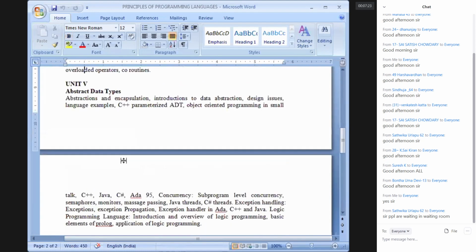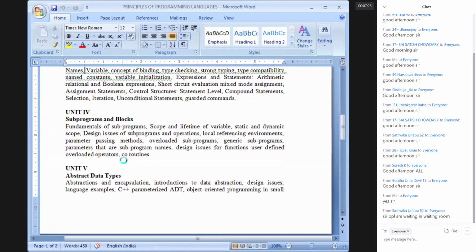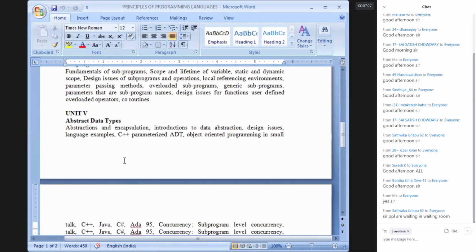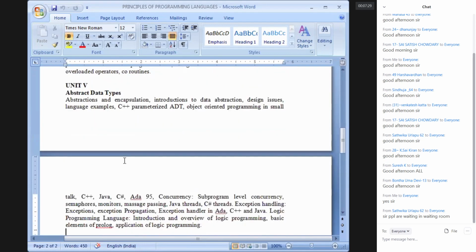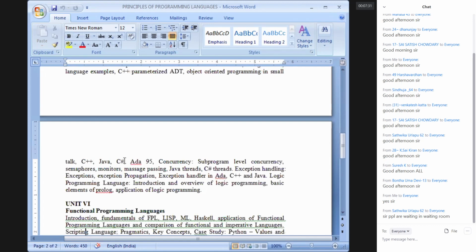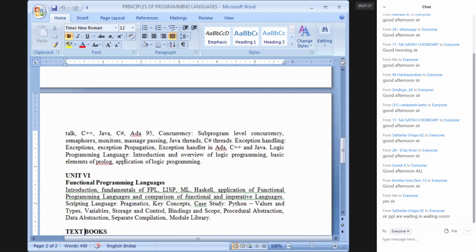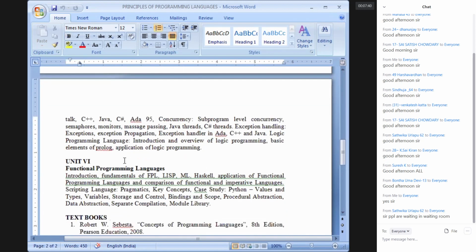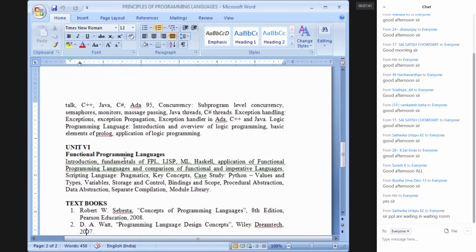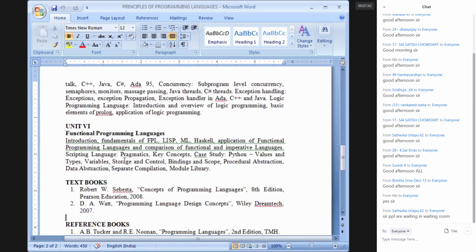If you go into the fifth unit, you'll be able to see C++, Java, C#, Ada 95, FPL, Lisp, ML. There are many programming languages.